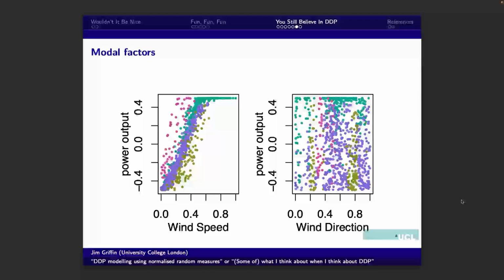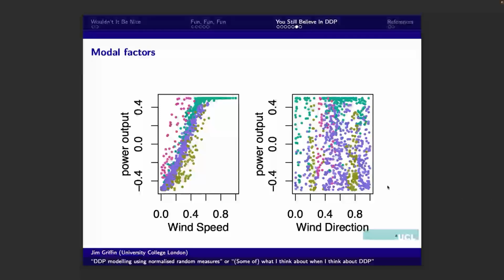We have something that happens at high wind speeds that leads to a thresholding of the power output. Then we have 2 exceptions, what you might think of as outliers, the pink group and the green, olive group, where either we have a higher amount of power output than we would expect from a given wind speed, and in another case, a lower amount.